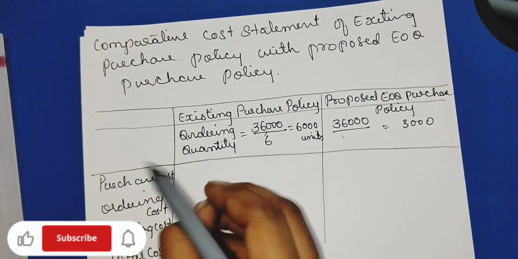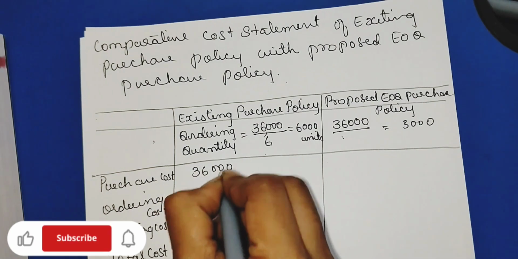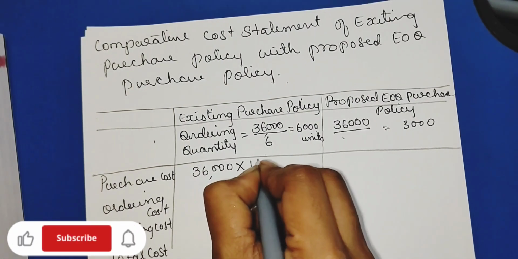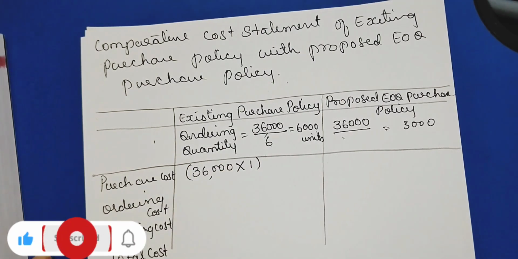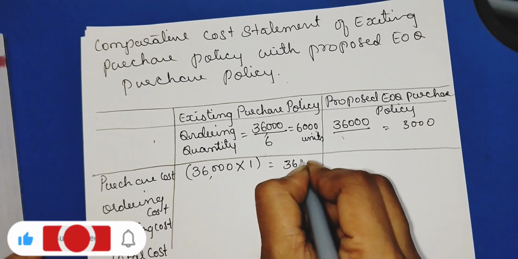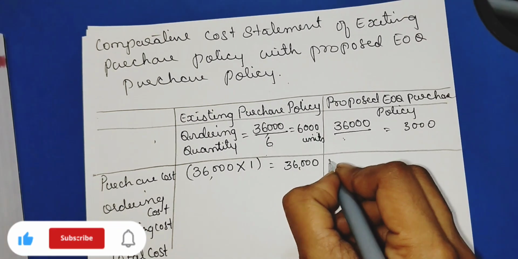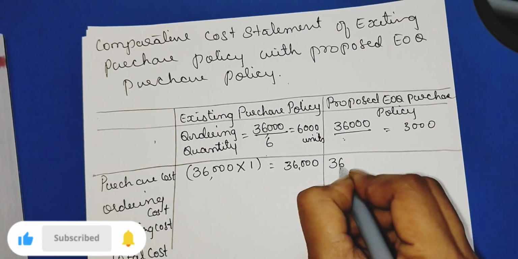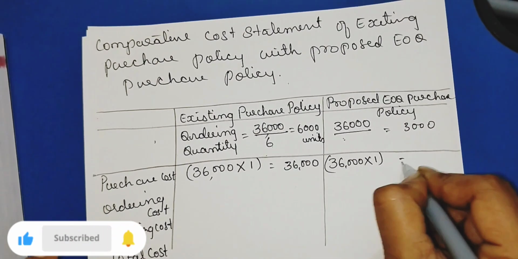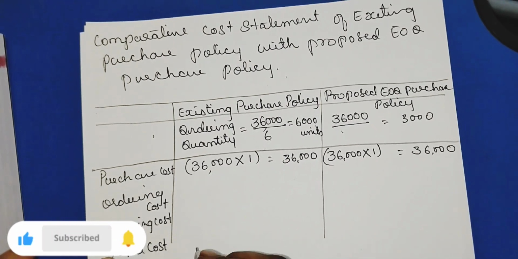Now what is the purchase cost? Here annual consumption in both the cases is the same, and the cost per unit is rupees 1. So the purchase cost is 36,000 in the existing purchase, and it is the same in the proposed policy also, 36,000. Now ordering cost.